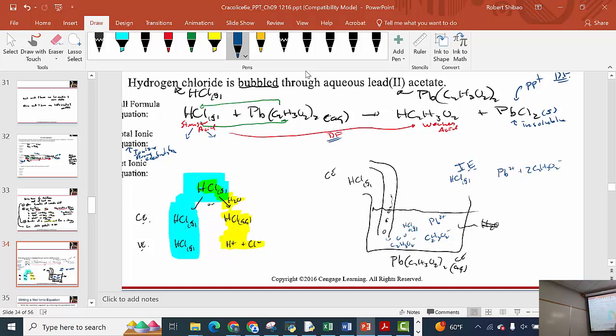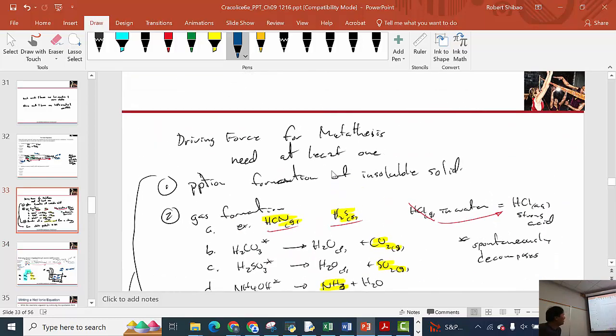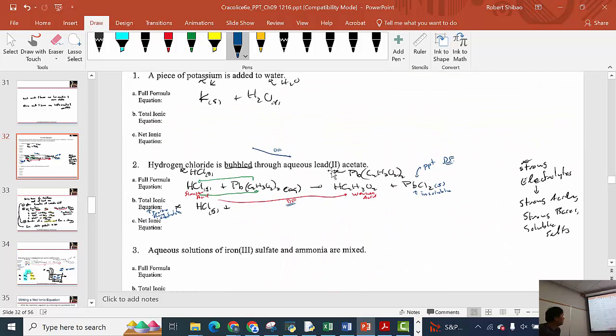That would be it. So we can come up with the ionic equation up here. Let's do that. Actually, I didn't balance this.